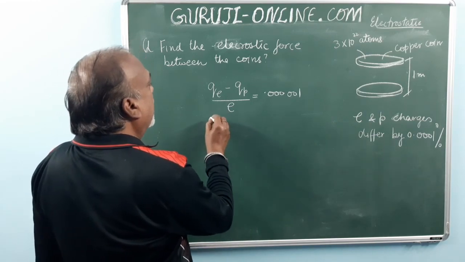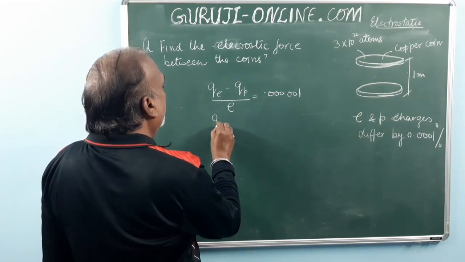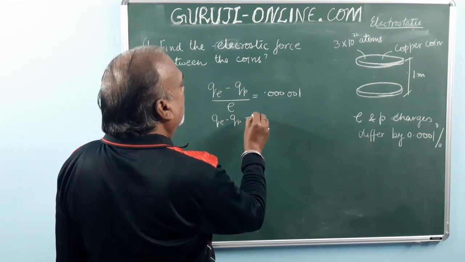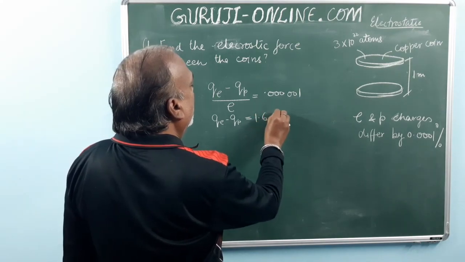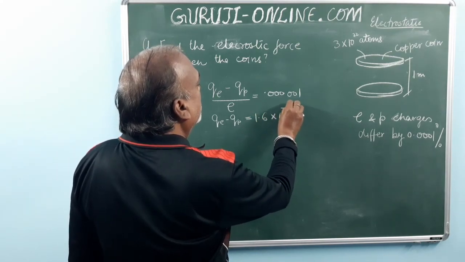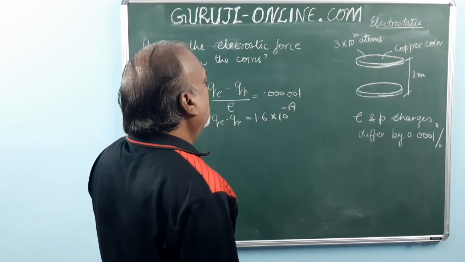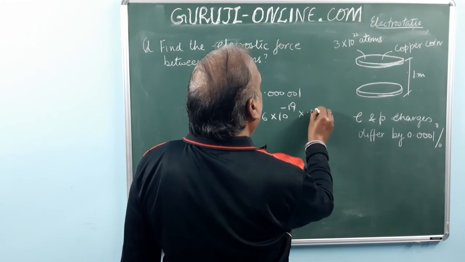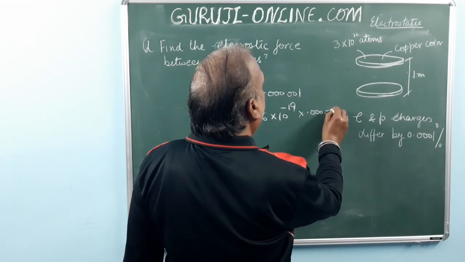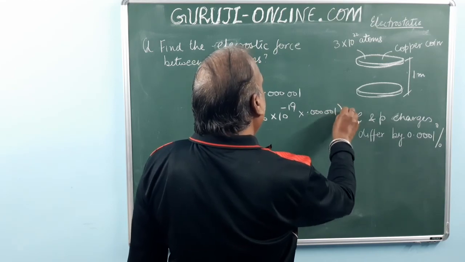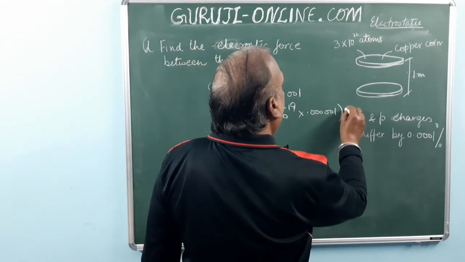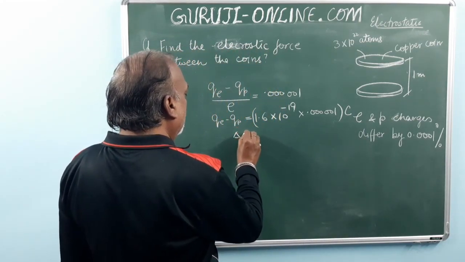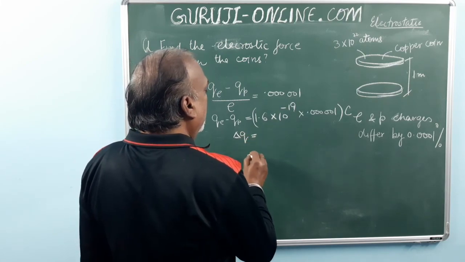So here QE minus QP, we can write 1.6 into 10 raised to minus 19 into 0.000001. This is in Coulomb. So this is basically delta Q.